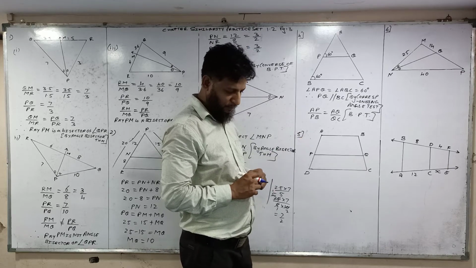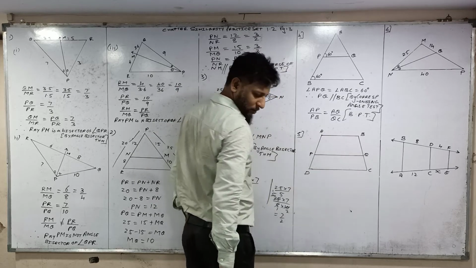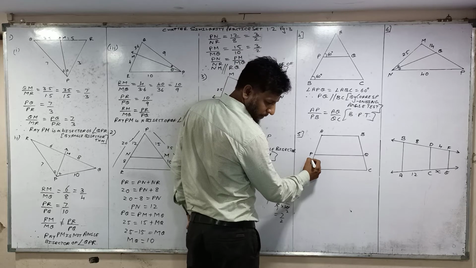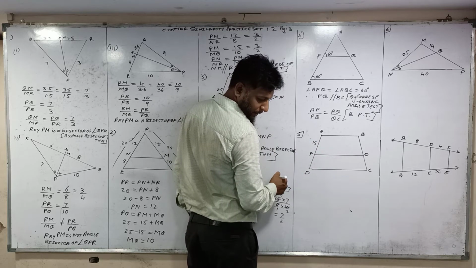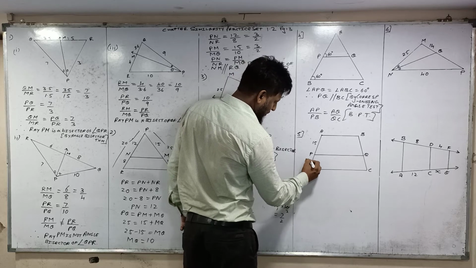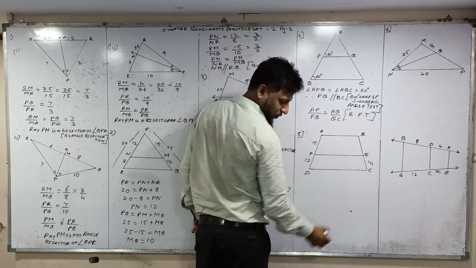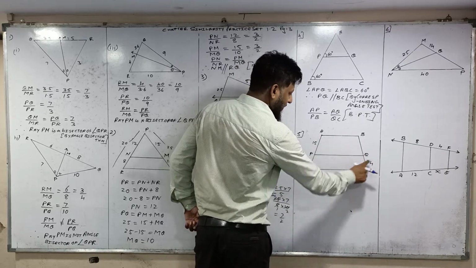Then the fifth sum. AB is parallel to PQ, parallel to DC. PD is equal to 12, AP is equal to 15, QC is equal to 14. You have to find out BQ. So these three lines are parallel.